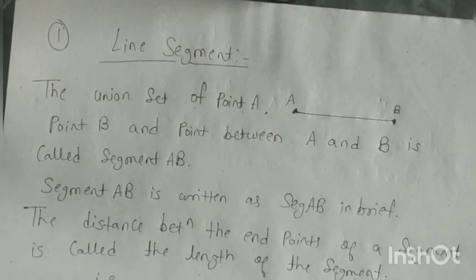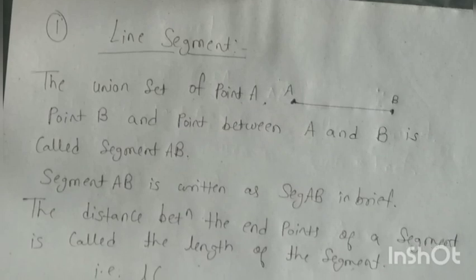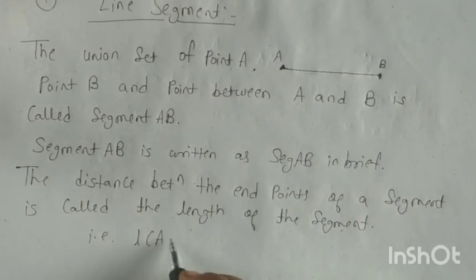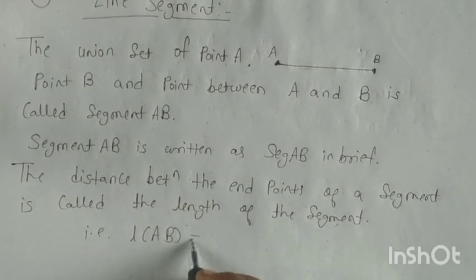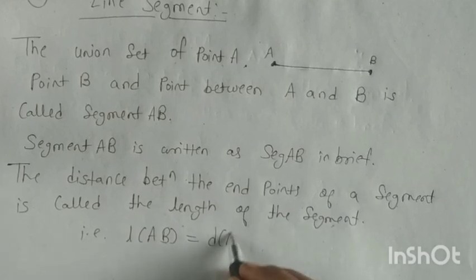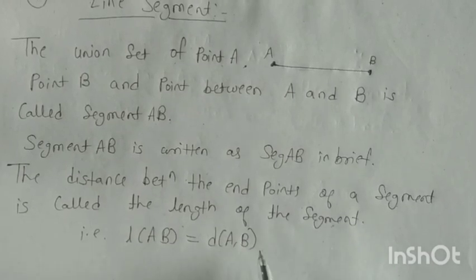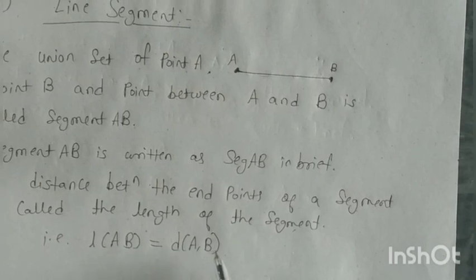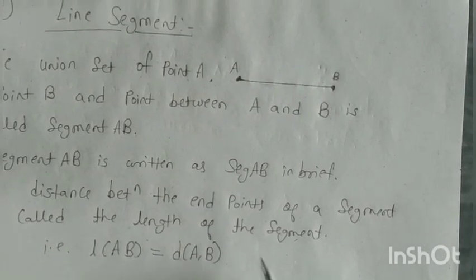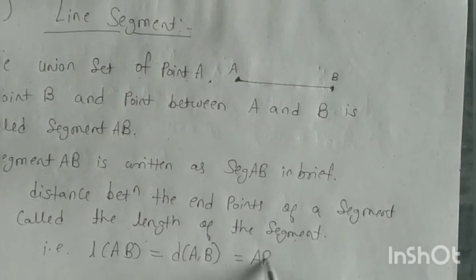That is, length of AB is equal to distance of AB. We can write length of AB as AB.